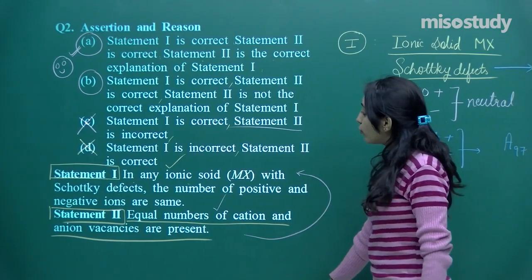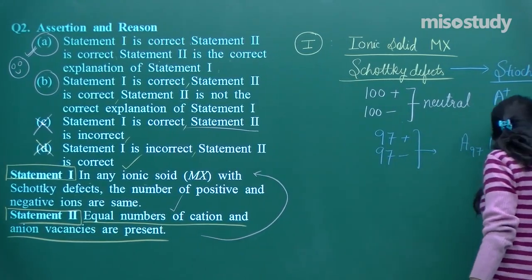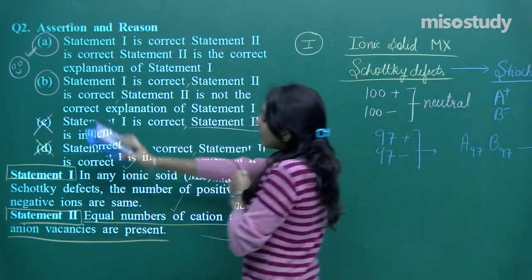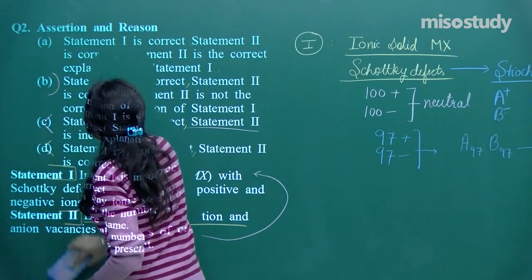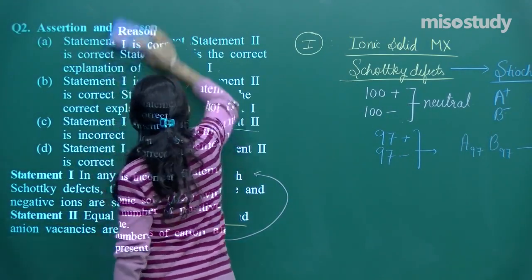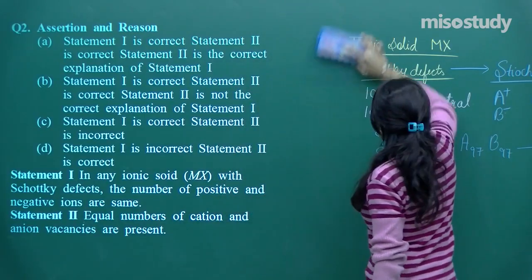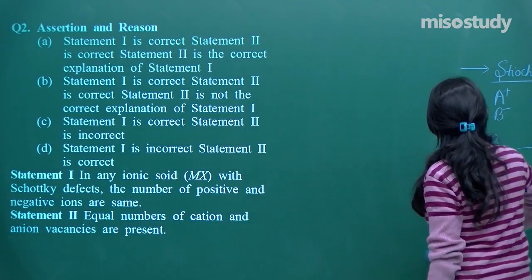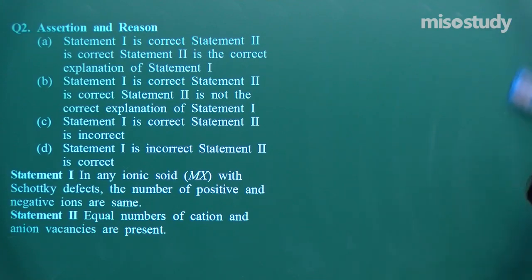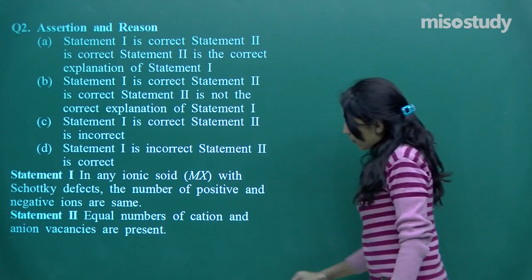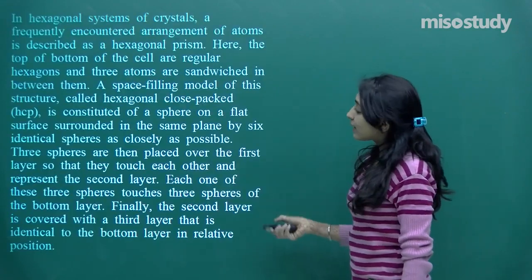Now let us move on to the third question. But before I continue with the third question, let me just clear the board for you people. Okay, so question number 3.